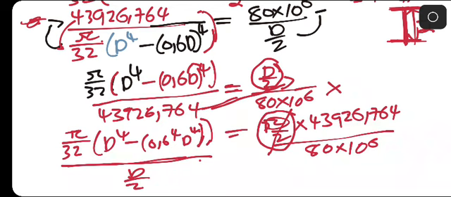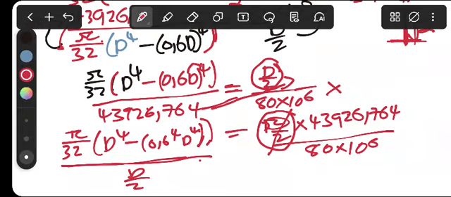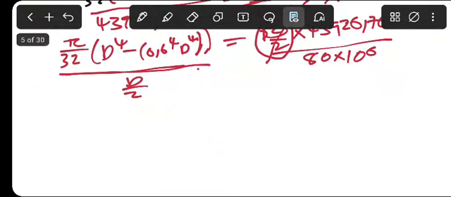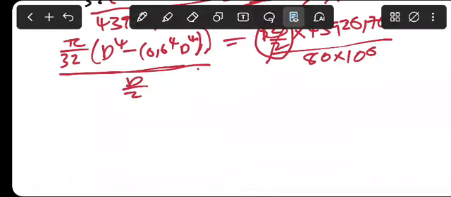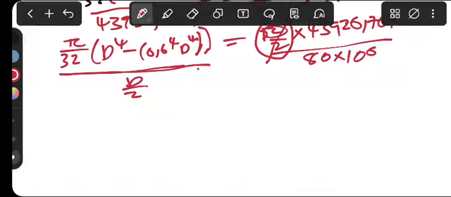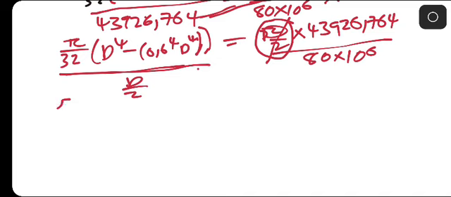So then the math there, what does it say? So here we'll be left with pi over 32 d raised to the power 4.